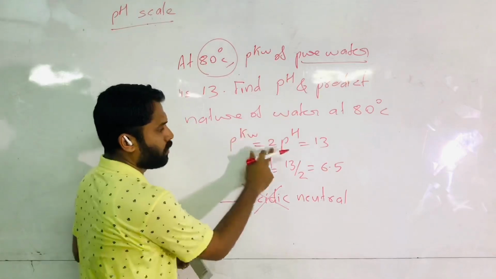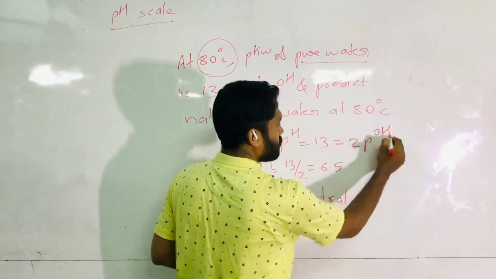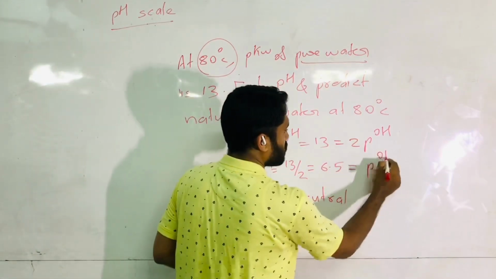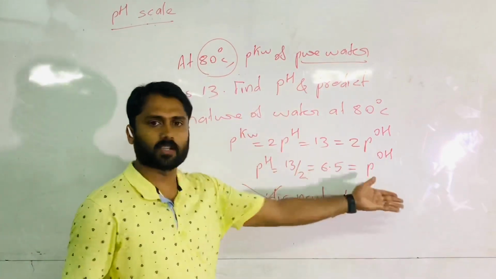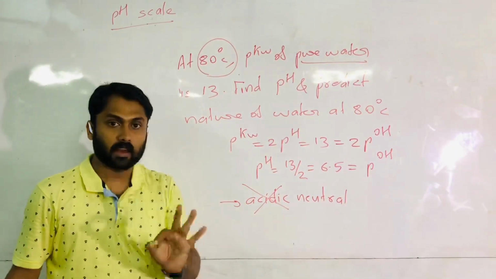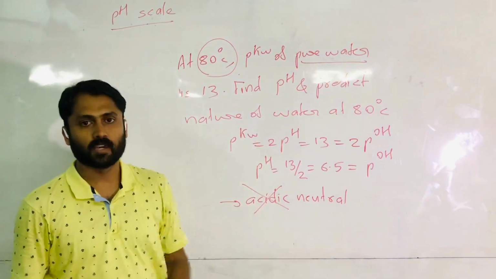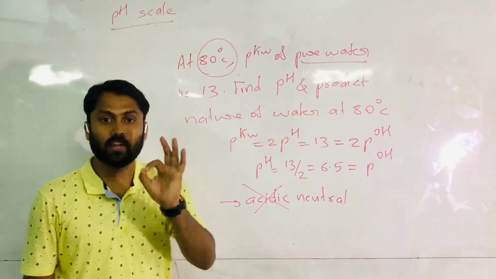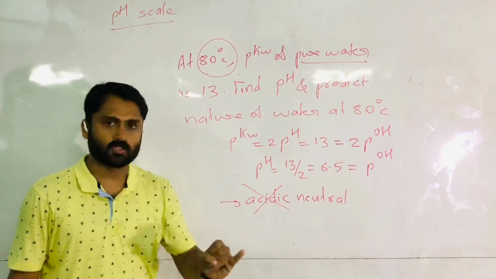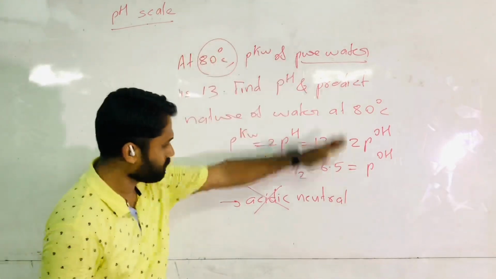If pKw equals 2 pH, that's equal to 2 pOH. So, if pH equals 6.5, that's equal to pOH. If pH and pOH are the same, it is neutral. So, here 7 for water cannot be used because the temperature is not 25 degrees Celsius. I already said you can use 7 only at 25 degrees Celsius. So this is the problem.